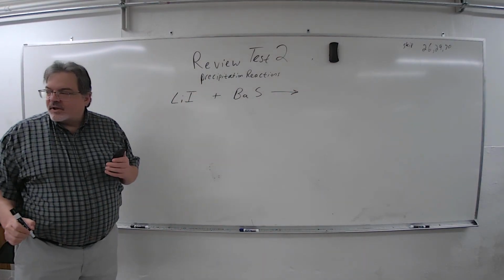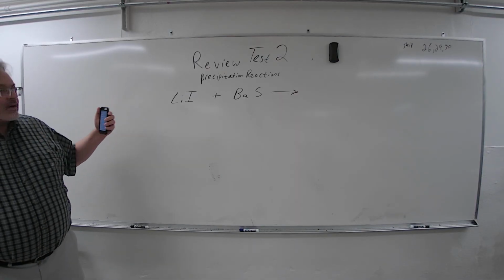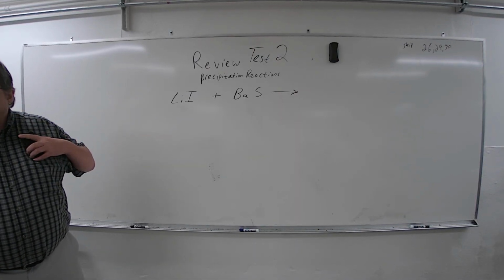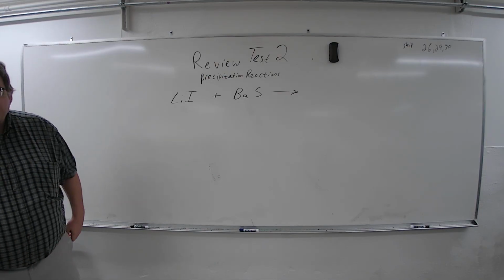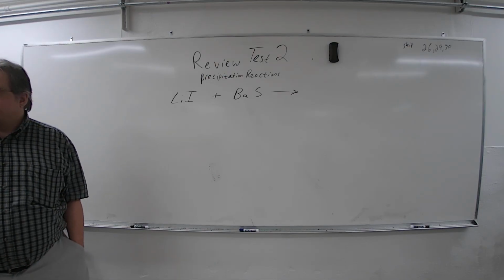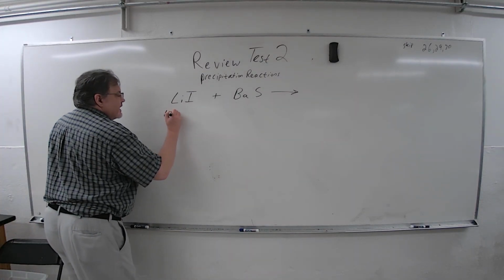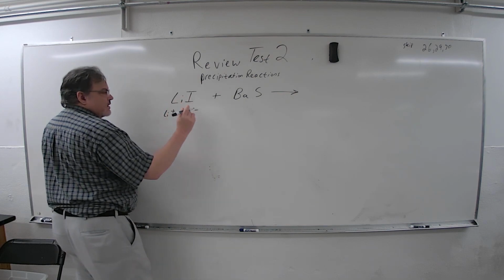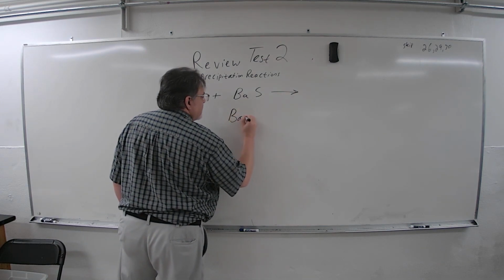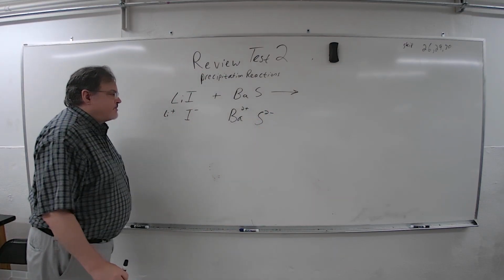There's also the complete ionic equation and the net ionic equation. This is the molecular equation. So what do you do to figure out what the products are here? You've got Li plus, I minus here, and you've got Ba2 plus and S2 minus there.